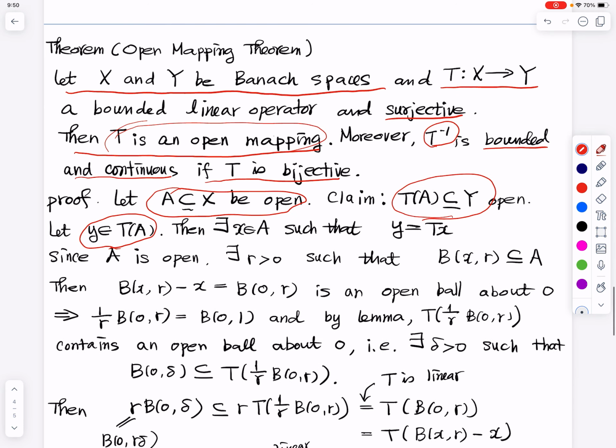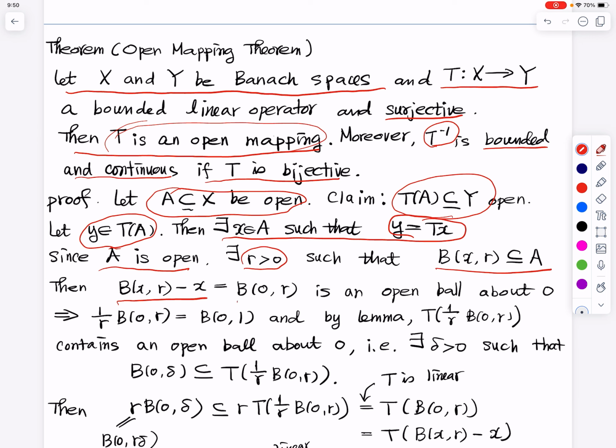Since T is surjective, y is in TA, so you can find x in A such that y equals Tx. And we know that A is an open set, so there exists r such that B(x,r) belongs to A. And then you translate B(x,r) by x.